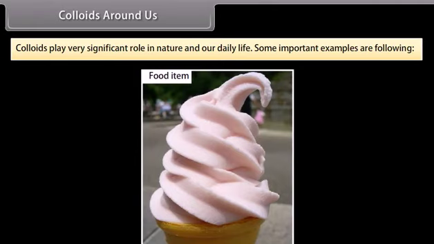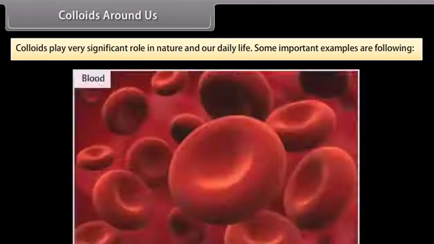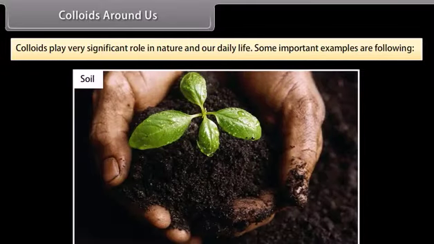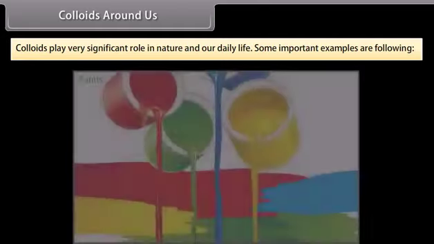Food items. Most of the food items are colloidal in nature. Blood. It is a colloidal solution of an albuminoid substance. Soils. Fertile soils are colloidal system, and on account of their colloidal nature, soils absorb moisture and nourishing materials for plants. Paints.